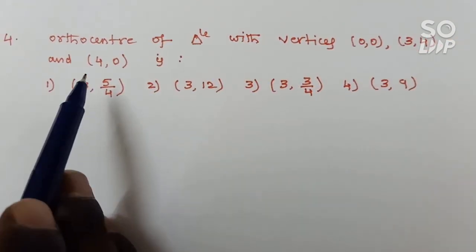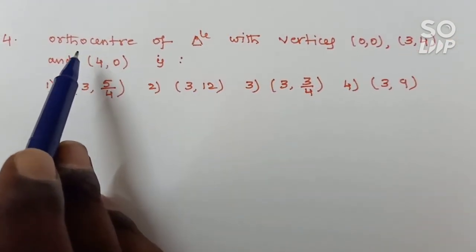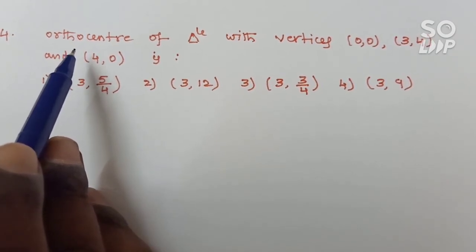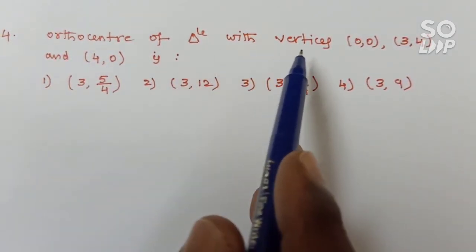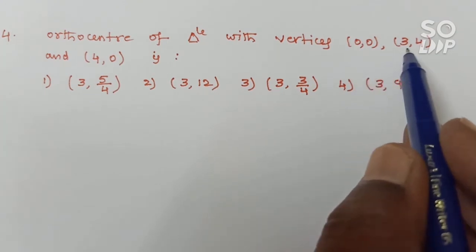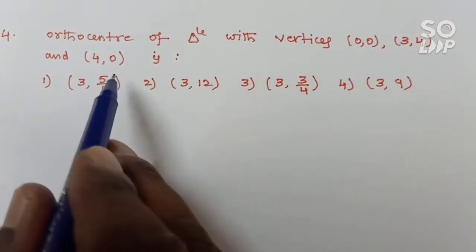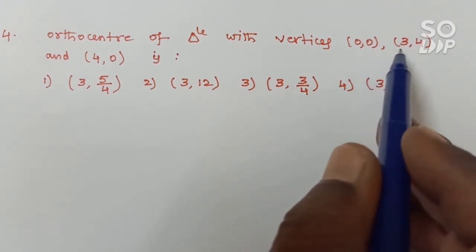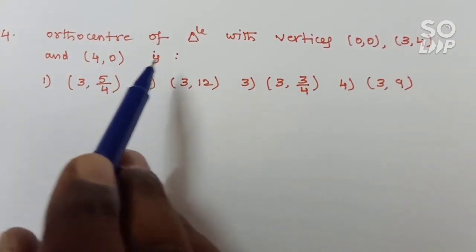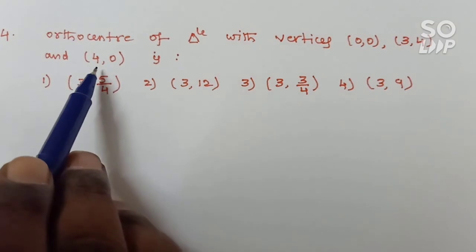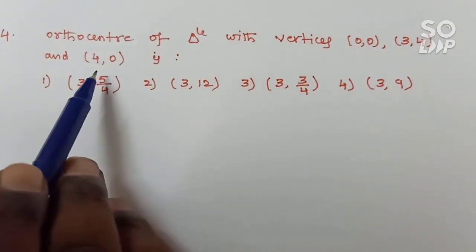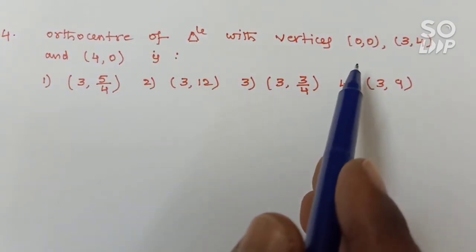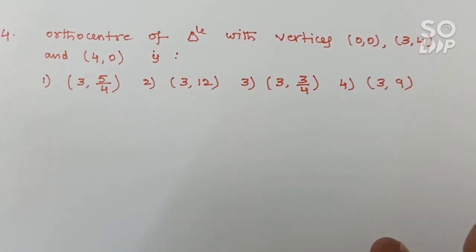Say in this problem, the orthocenter of the triangle with the vertices 0 0, 3 comma 4, 4 comma 0. Right? Now by observing first the coordinates of all the vertices, these will not satisfy the relation to make a right angle triangle.